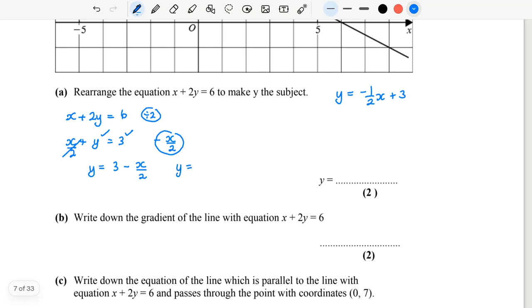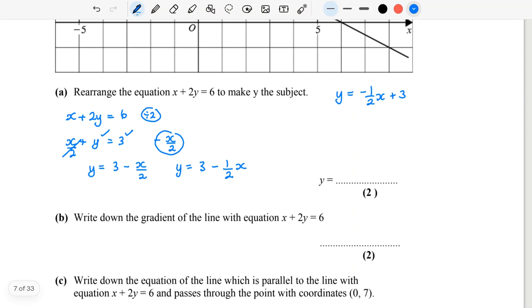If you were to say it a different way in words, it's minus 1 over 2 x. X divided by 2 is the same as half of x. And we've got minus half of x.